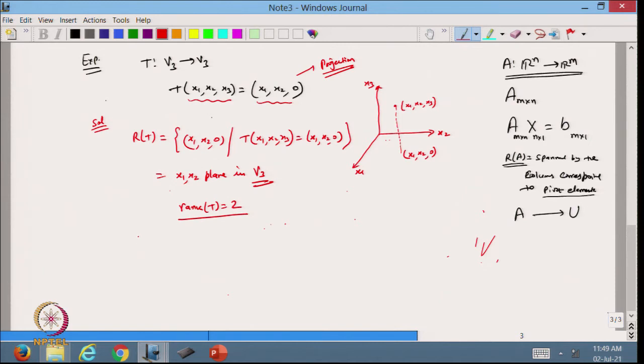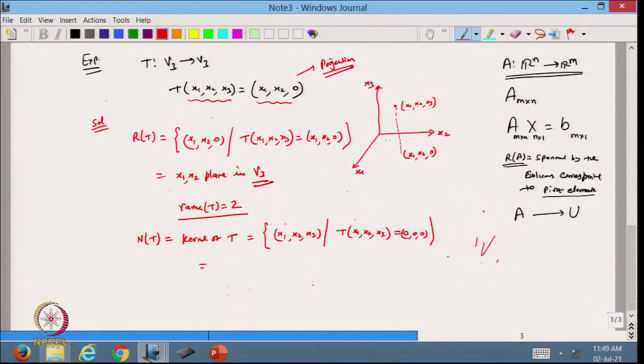Now, I can define the kernel of T, that is N(T). So, I want the set of elements (x1, x2, x3) such that T of (x1, x2, x3) is equal to the zero element, that is (0, 0, 0), because it is moving from V3 to V3.